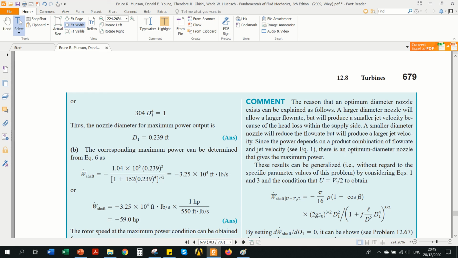Therefore, there is an optimum nozzle diameter that gives us the maximum power. Basically, a large diameter nozzle will give you higher flow rates but smaller jet velocity and higher head losses, and smaller diameter nozzles will give you a low flow rate but a higher jet velocity. So there should be an optimum range of D for which we can obtain the maximum power and blade speed.